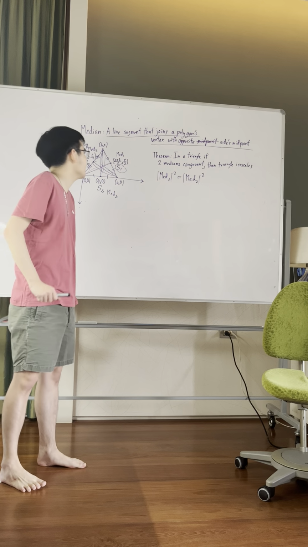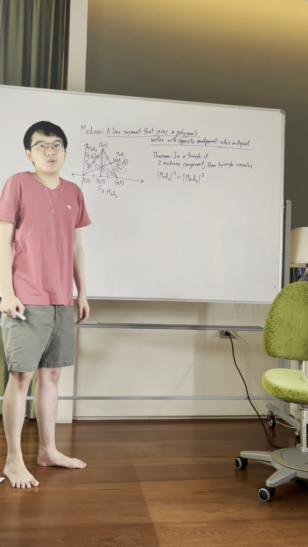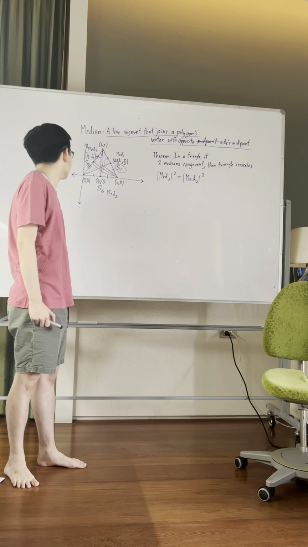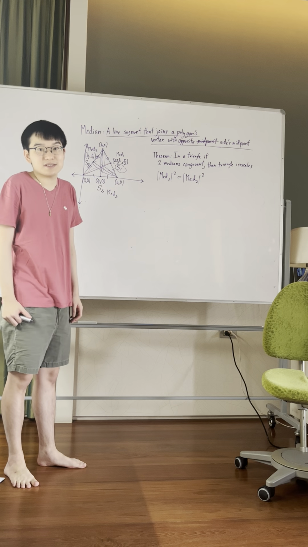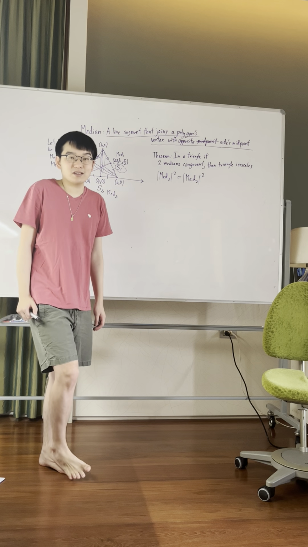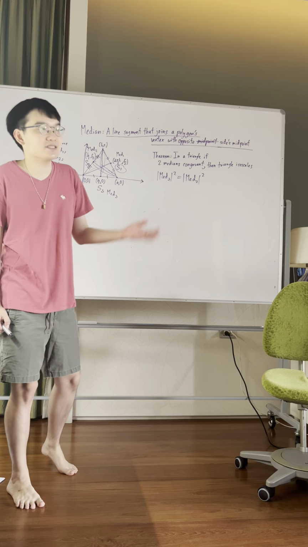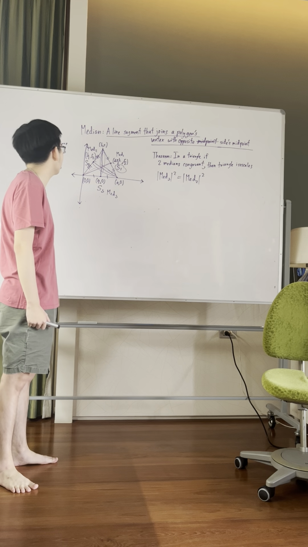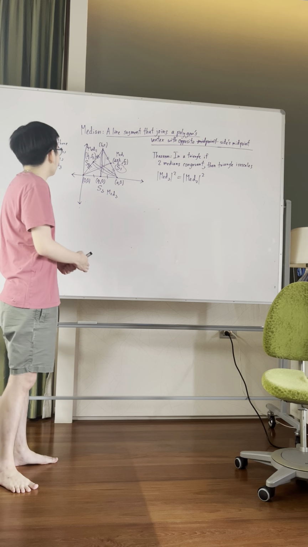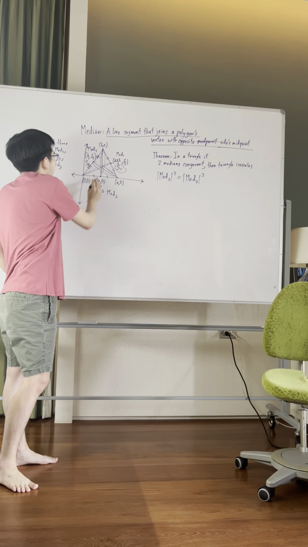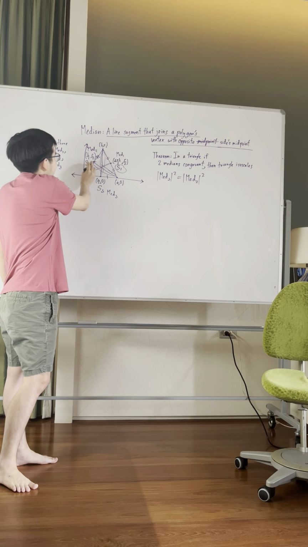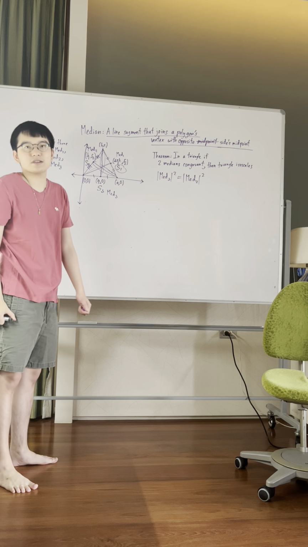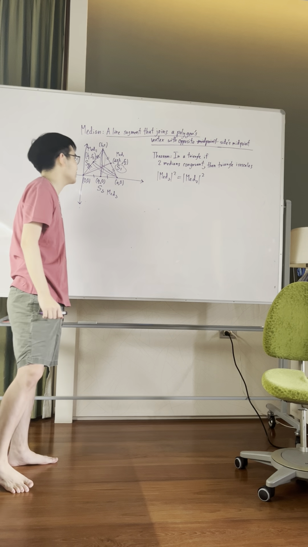That's sufficient enough. And as usual, we're going to start by showing that the squares of the distances are the same to make our lives easier, because that way we can avoid dealing with the square roots. I call this line segment here median 3, this line segment here median 2. We're going to take their squares and set them equal to each other and find out what they give us.